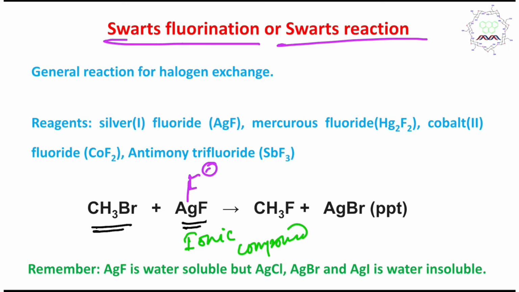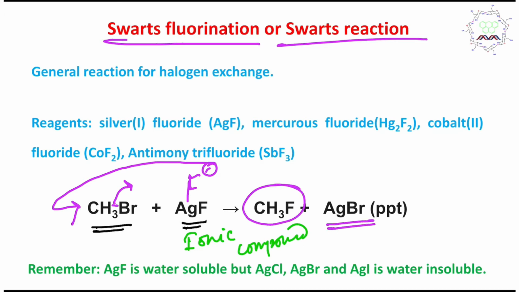F minus can attack here and Br can leave. In this way it produces CH3F and silver bromide. Question: why?